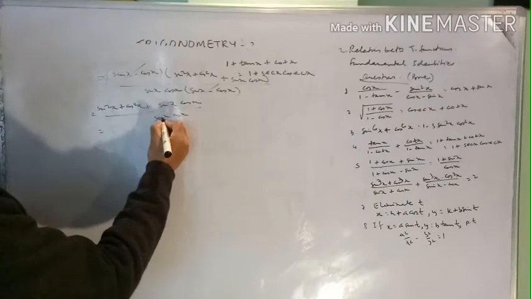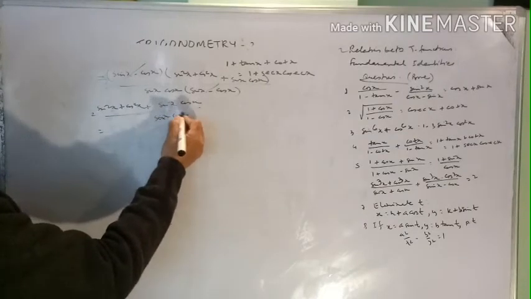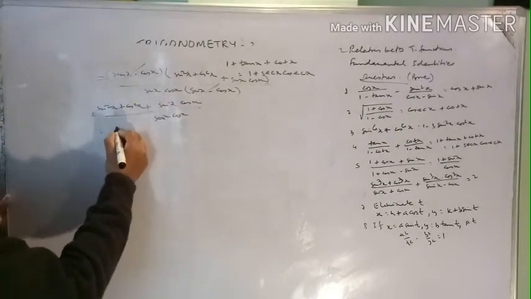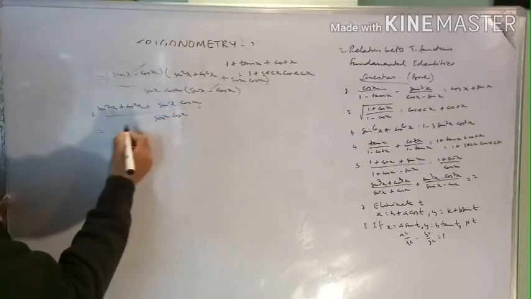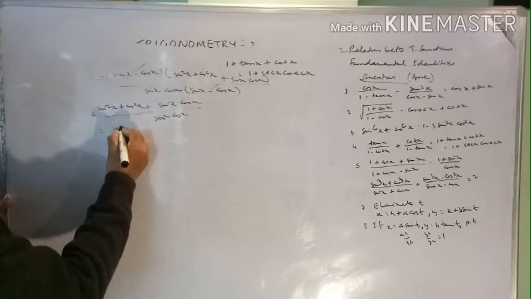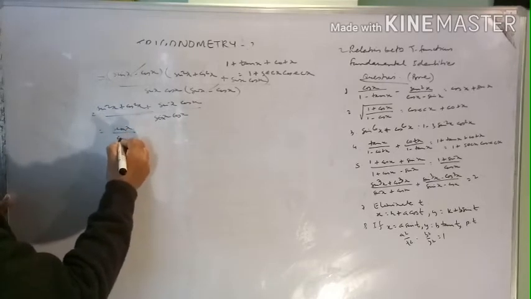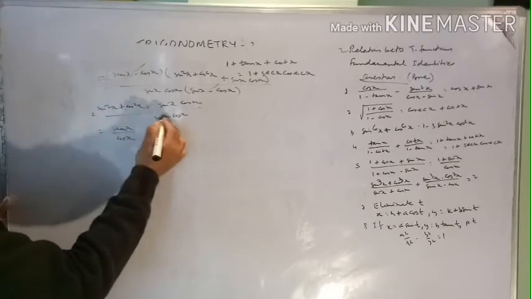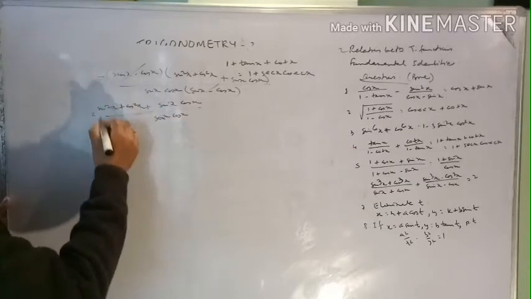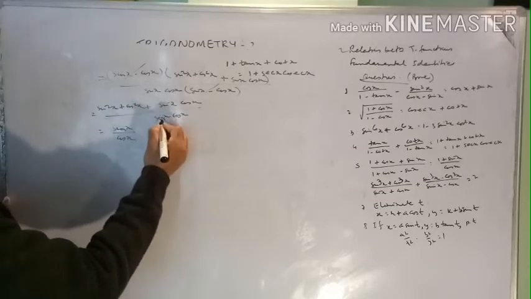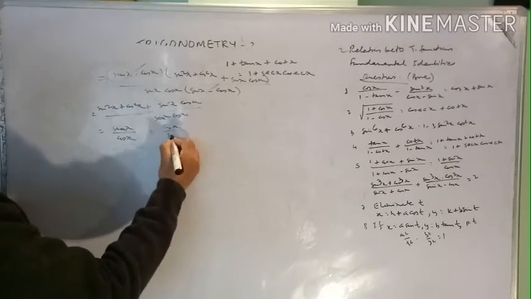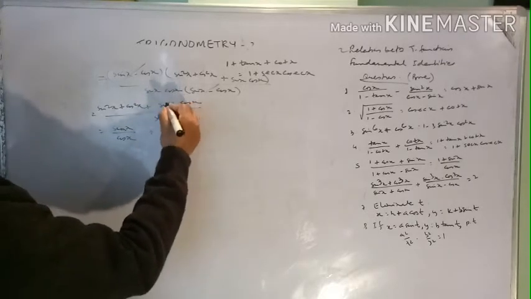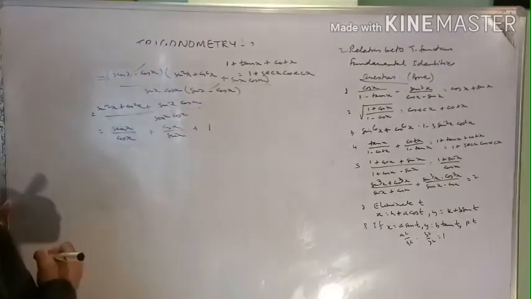So this is sin x cos x. Now you separate it. If you divide sin square x by sin x cos x, one sin will get cancelled, you get sin x by cos x. Cos square by sin x cos x, one cos will get cancelled, so you get cos x by sin x, and sin x cos x by sin x cos x, you get 1.